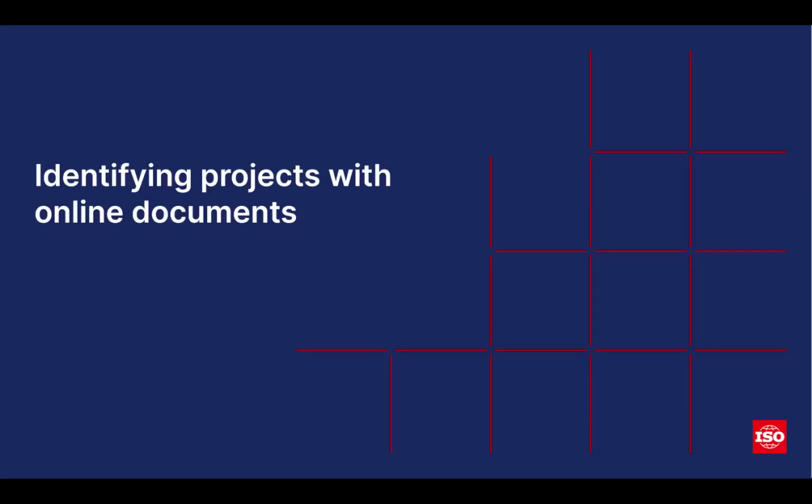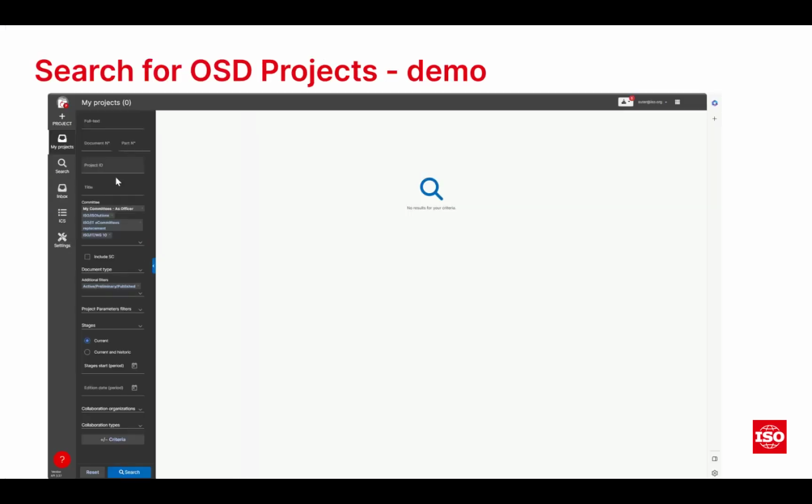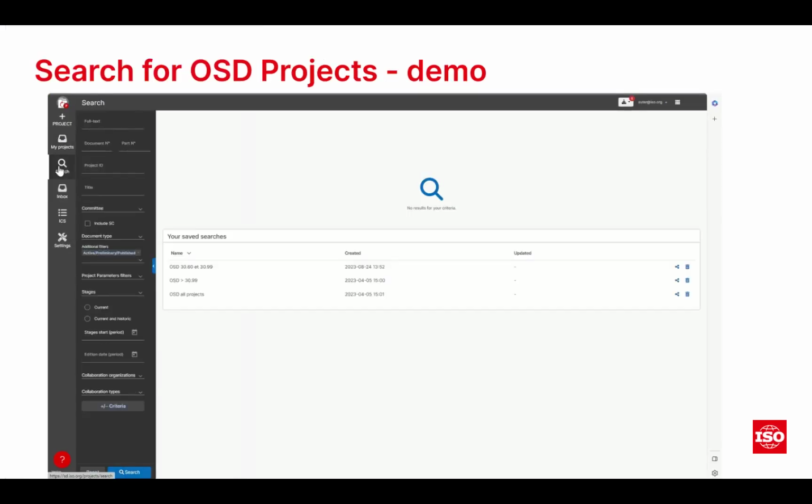Now, let's take a look at how you can identify projects with online documents. From OSD projects, we have an additional filter added in to search for those items with an online document. This is found from the Search tab under Additional Filters. Once you've set up a search, you can have this saved for later reference.